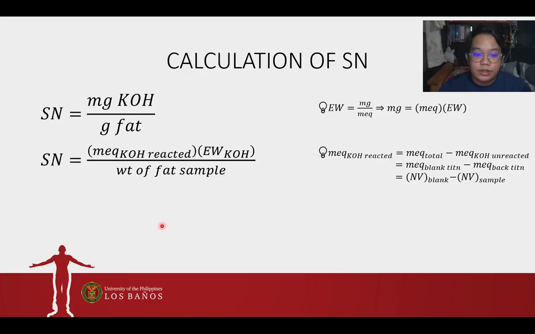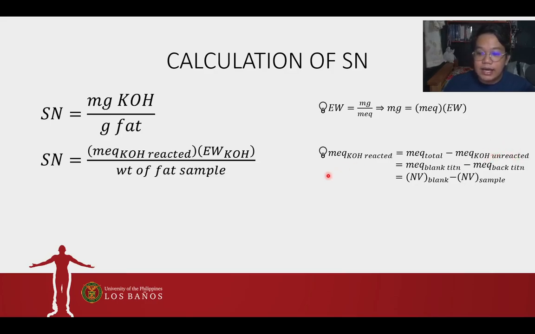Okay? So, yung milli-equivalent of KOH ay actually equal to the milli-equivalent total minus the milli-equivalent of KOH unreacted. So, yung total natin, yung sa simula pa lang na dinagdag natin KOH na may excess. Then yung excess natin, yun yung hindi nag-react. Okay?